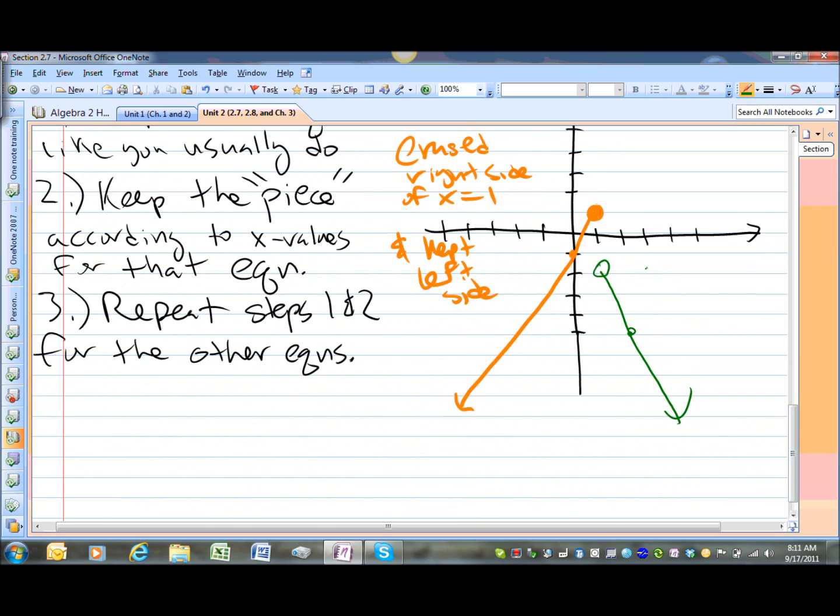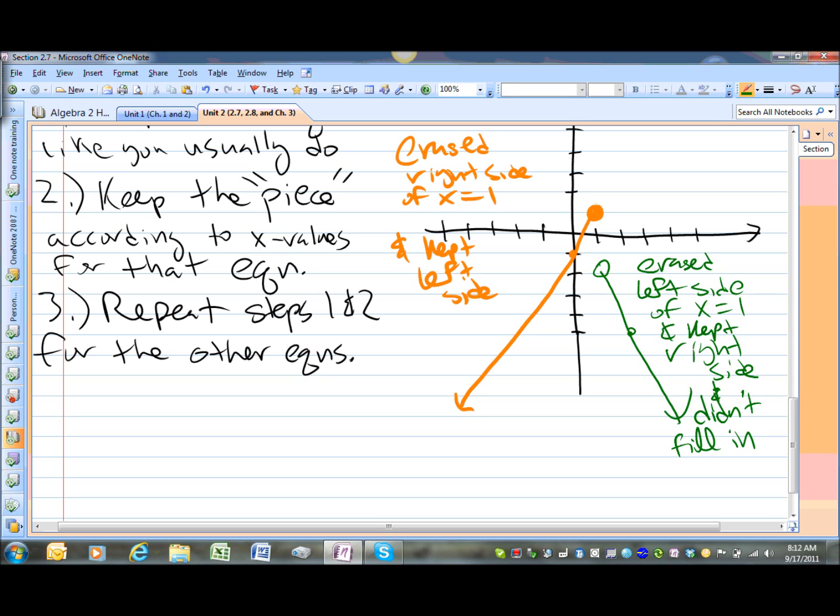So in this case, for the green line, we erased left side of x equals 1 and kept right side because it's greater than. And didn't fill in point at x equals 1 because it didn't equal 1, it was just greater than 1.